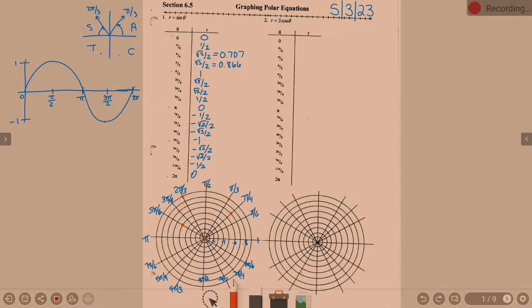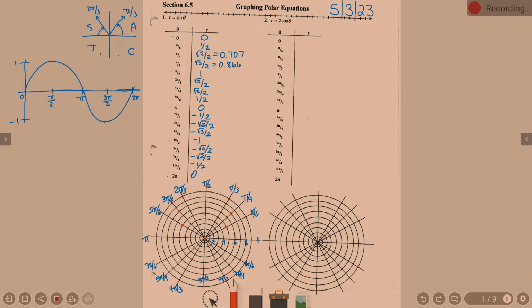What's that mean? Here's 7 pi over 6. Negative 1/2 is going to take me backwards through the pole onto pi over 6. Don't we already have a dot there? Overlap. Okay, so in this case, it happens to overlap. That's not something that's always going to happen, but it does happen sometimes.